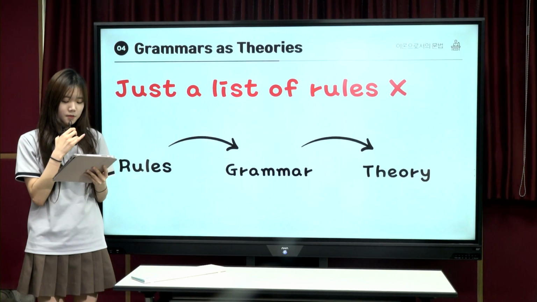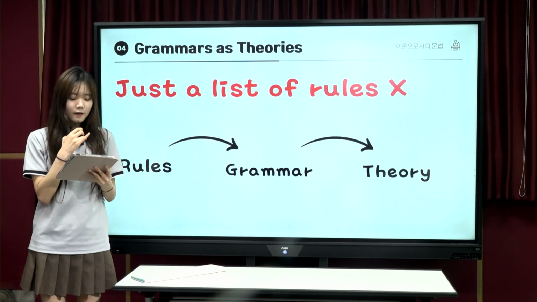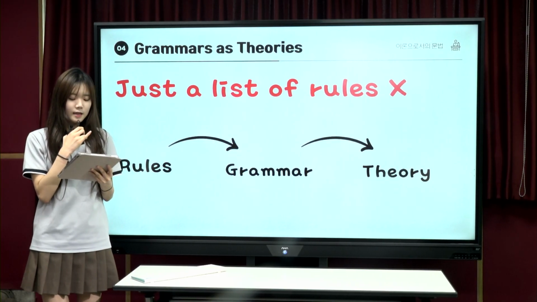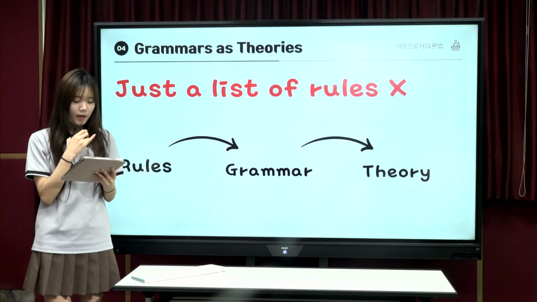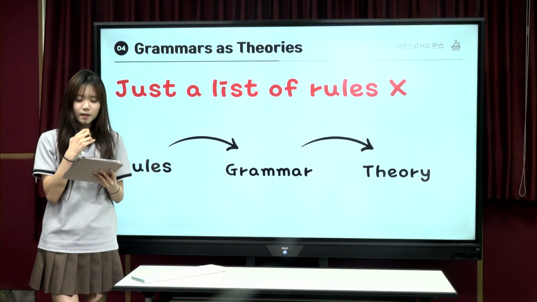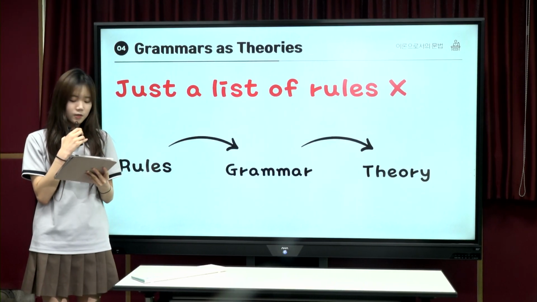First, we observe certain expressions in a language and form a set of rules. If those rules can generate the full range of acceptable expressions, then we consider it a grammar. And once it explains the speaker's knowledge, it becomes a theory, a candidate for a scientific explanation of what people know about their language.